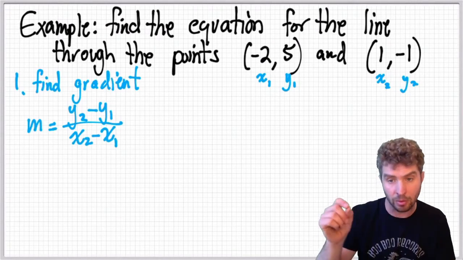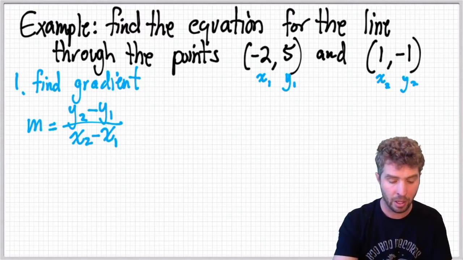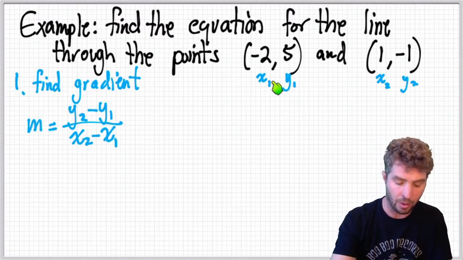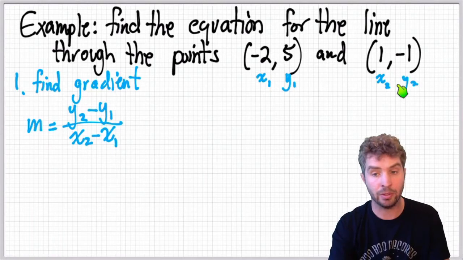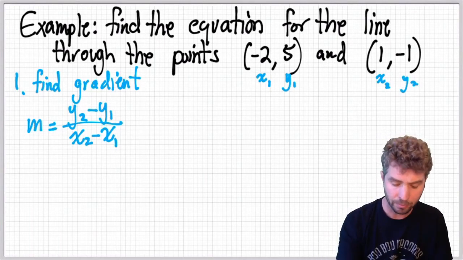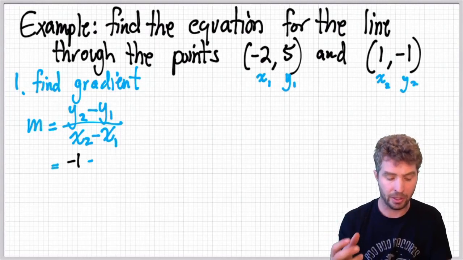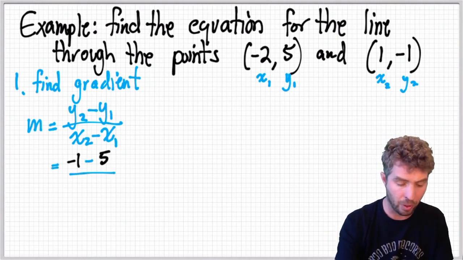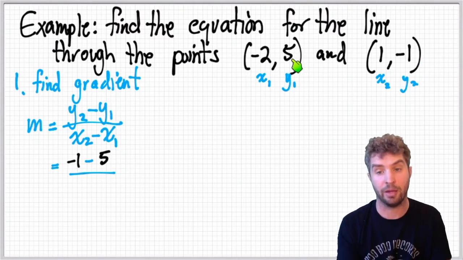So we label x1, y1 over here, and then x2, y2 over there. We can take those numbers and plug them into this equation. So -1 we've said is y2, and then we're going to subtract y1, which was 5.